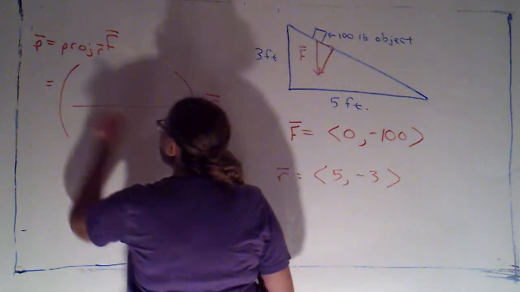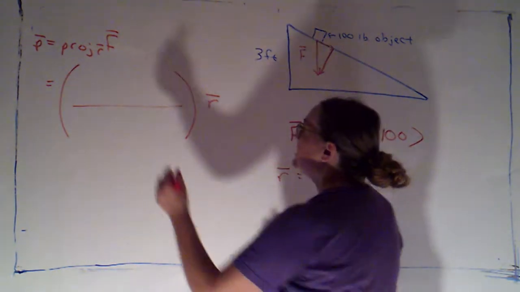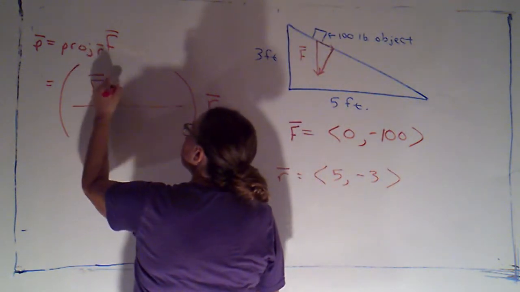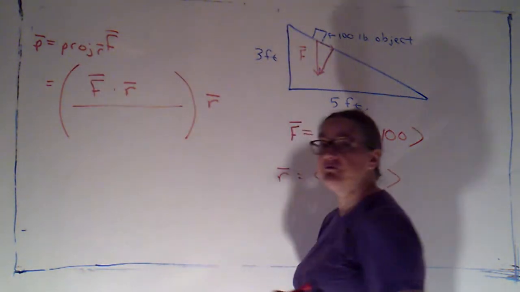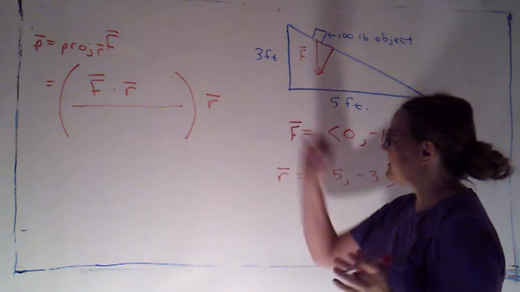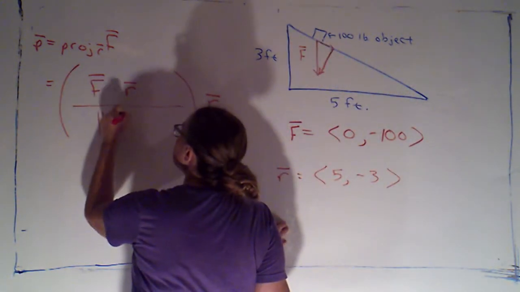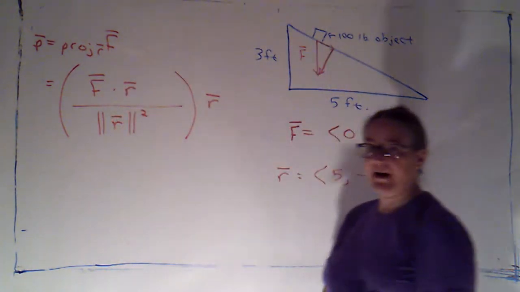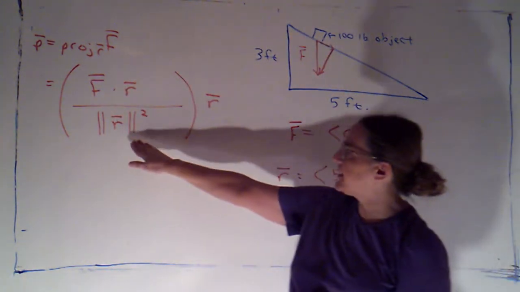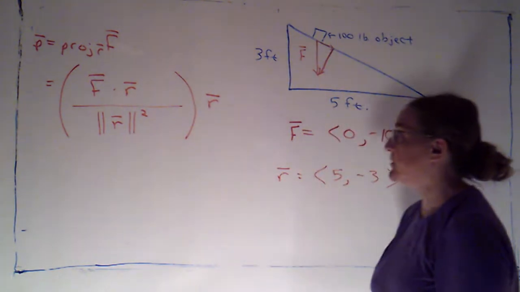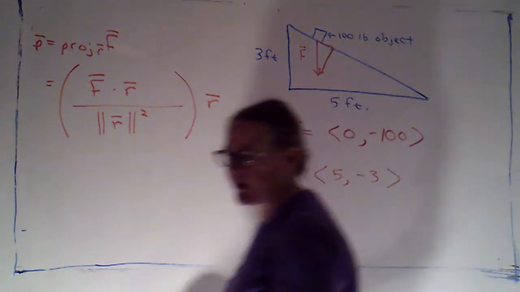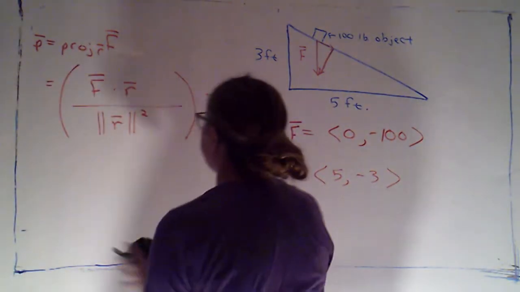The scalar that I'm going to multiply that by will be F dotted with r, I dot the two vectors, the one that I'm projecting and the one I'm projecting it onto, divided by the magnitude of r squared. Or if I prefer, I could write this as r dotted with r. In fact, I think I'm going to write it that way because that's how I'm going to work it out.